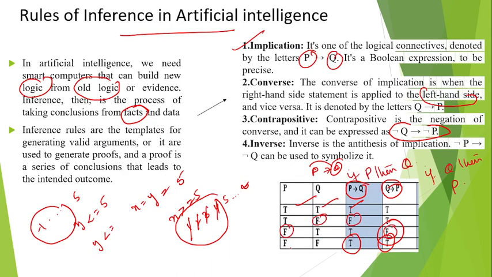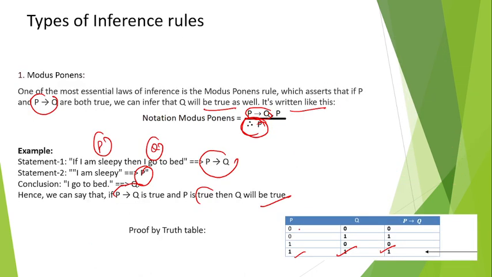I just explained this statement with the help of an example. Modus ponens is a very important part of it. If P implies Q is true, either it is P or it may be Q, correct?